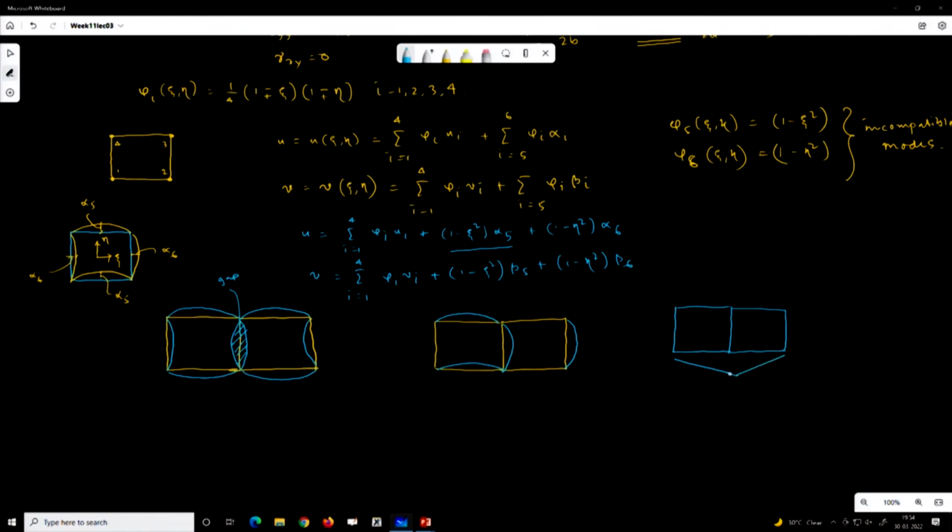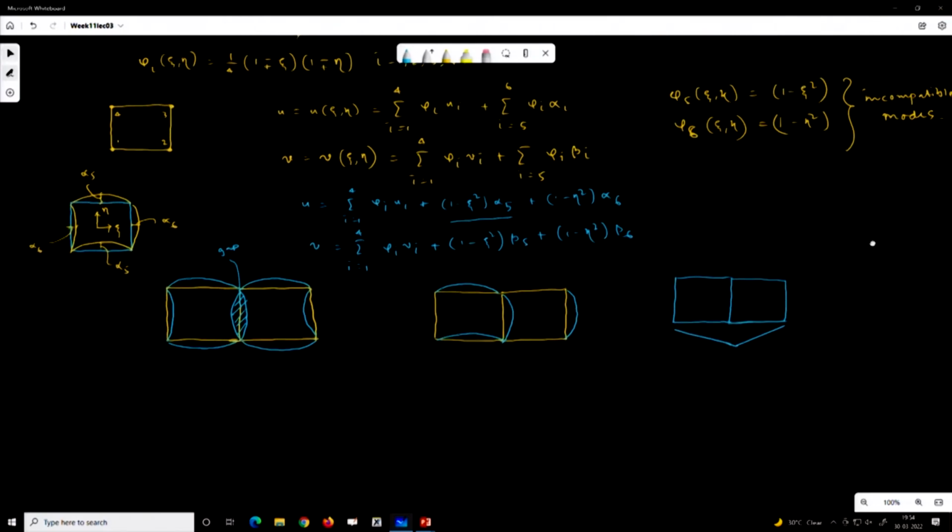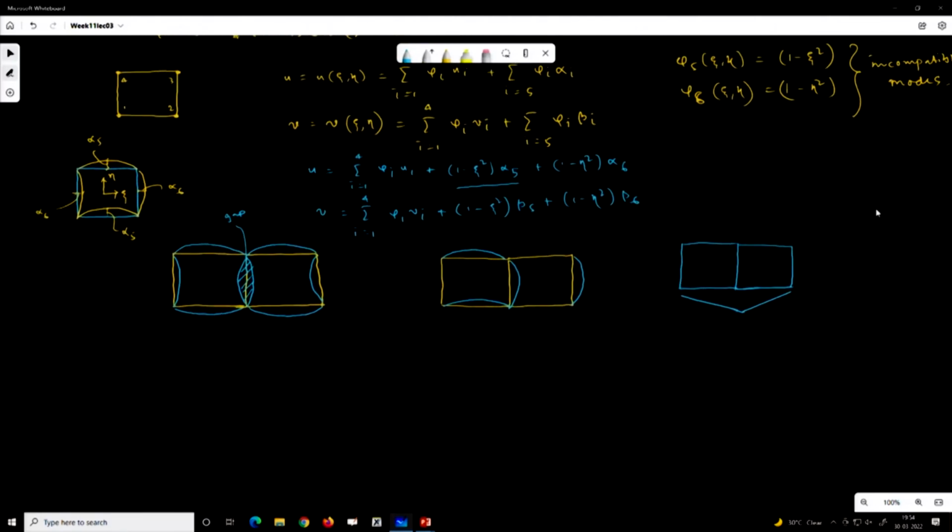So that means there is continuity at the boundary. This is actually violated here. So this incompatibility violation is associated with these incompatible modes in this structure. That's why it is called an incompatible element. Remember one thing, that we are not additionally introducing any nodes.